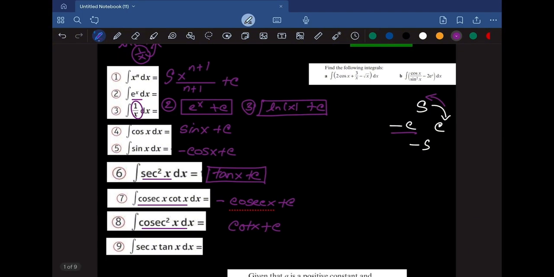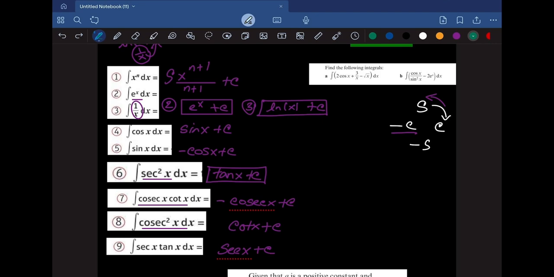And sec x tan x becomes sec x plus c. So basically you will have to memorize these 4 formulas as they are very important for your exam.